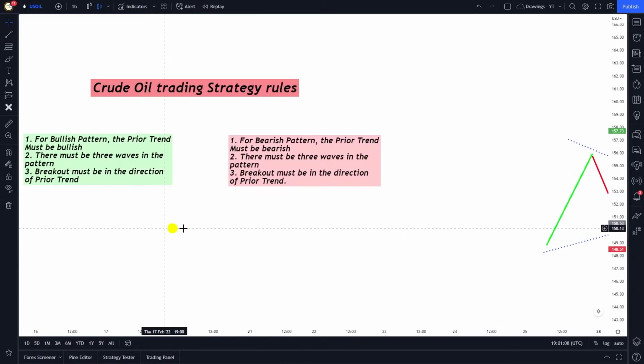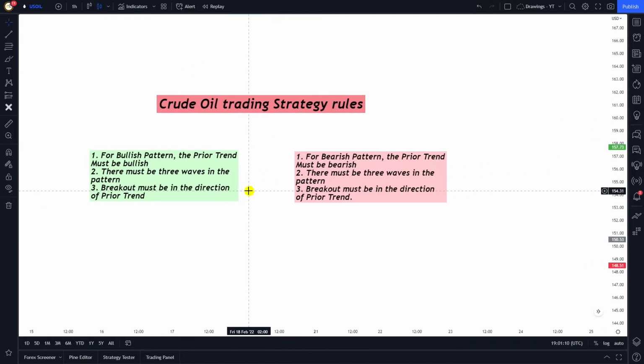So this first point corresponds to that. For a bullish triangle pattern, the prior trend must be bullish. In this case, the triangle pattern will act as a trend continuation pattern, as we will see in our examples. The second point is that there must be three waves in the pattern.